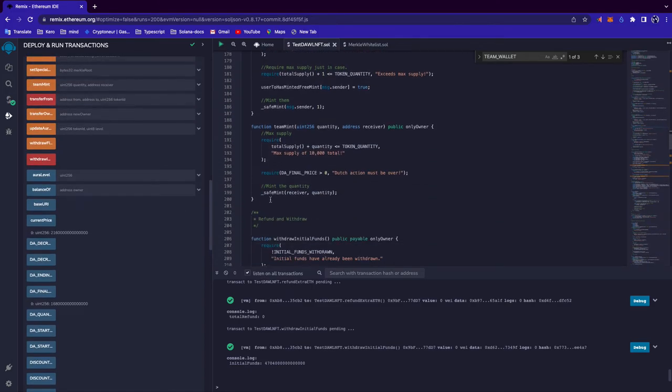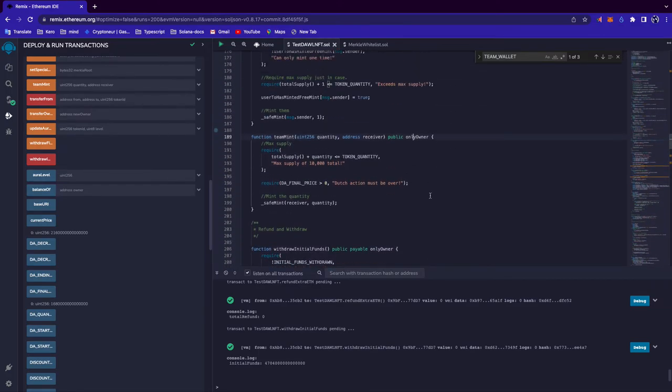And we also have the team mint function here. Team mint is basically that we can mint any amount of NFTs to someone else, as long as it is invoked by the contract owner. That's a kind of emergency case.